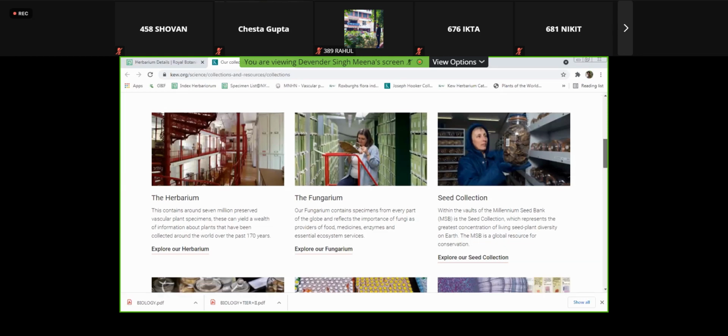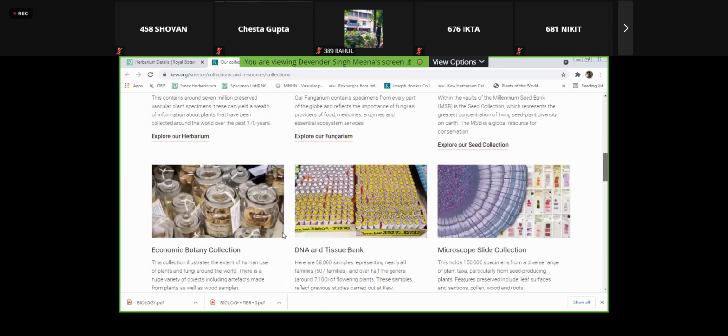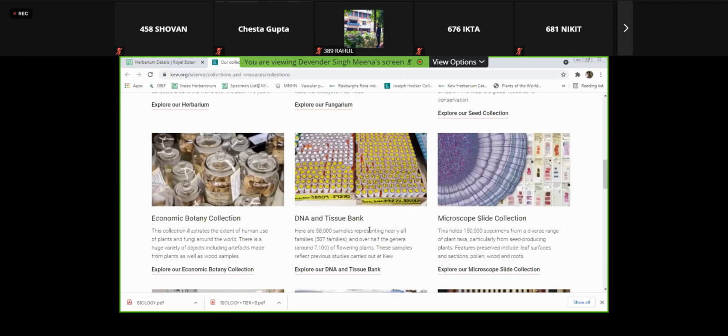Apart from these collections, you can also access the economic botany collections or the DNA and tissue bank. Let me tell you that it is not possible for everyone to get the plant specimen from that region, and sometimes it is also not possible to provide the specimen sheet to everybody for study. As we know, nowadays we are following the APG4 system of classification, which is based on DNA data.